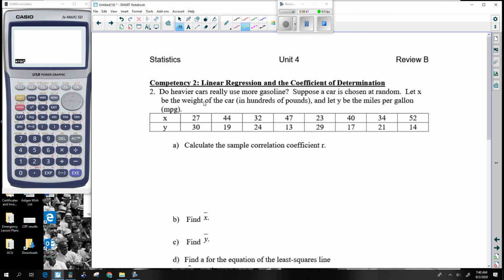Next, we have our linear regression. So here we set up our calculator.